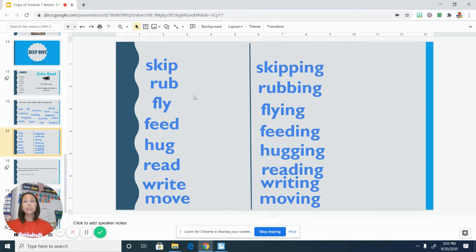Okay. You may notice that sometimes we have to double the final consonant. That means when we have the word skip, we have to write skip and then add another P and then ing. We'll talk a little bit more about the rules of when to add an extra letter, and talk a little bit more about the spelling.